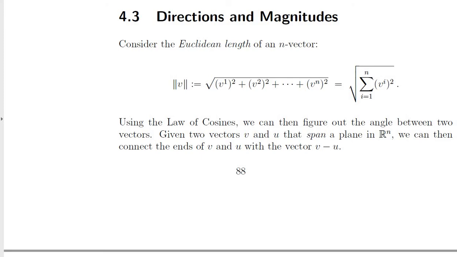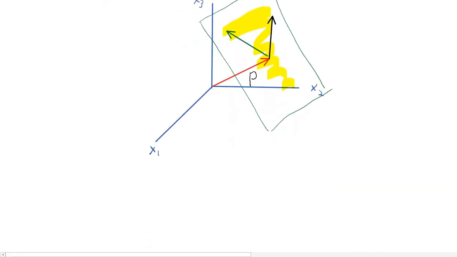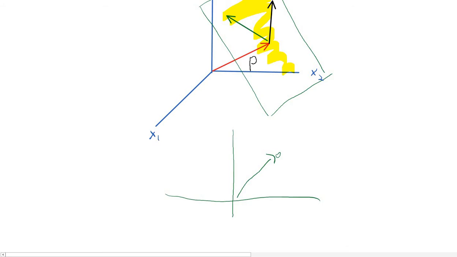Now, when you take the length of a two-dimensional vector, let me just plot this in here. So here's a vector. If I want the length of this vector, then I have two components: I could call one x1, and here I have x2.